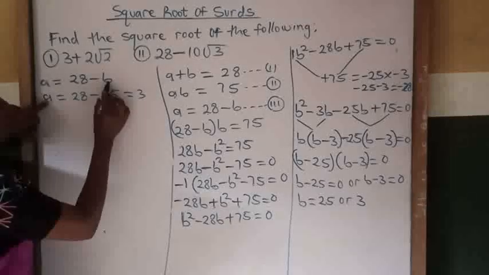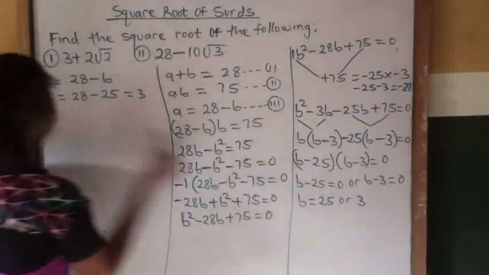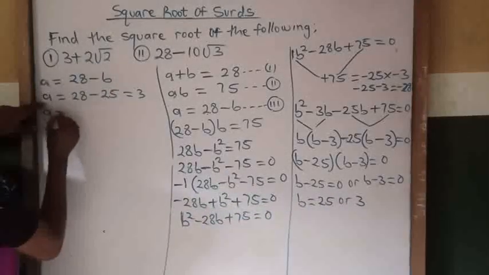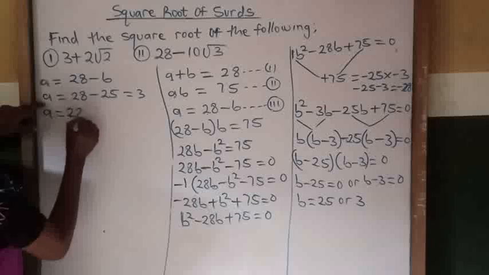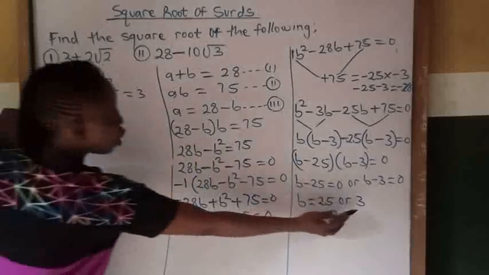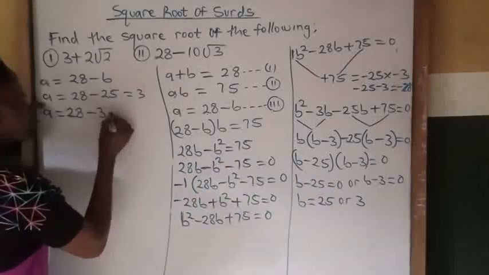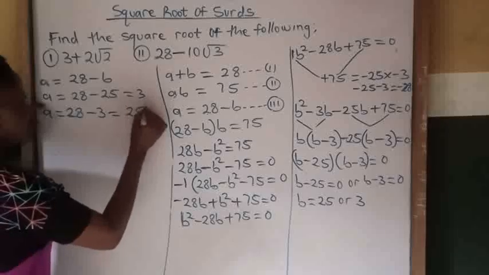So when the value of b equals 3, what will be the value of a? a will be equal to 28 minus 3, which is equal to 25.